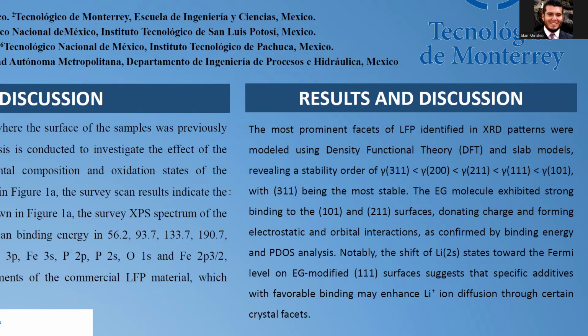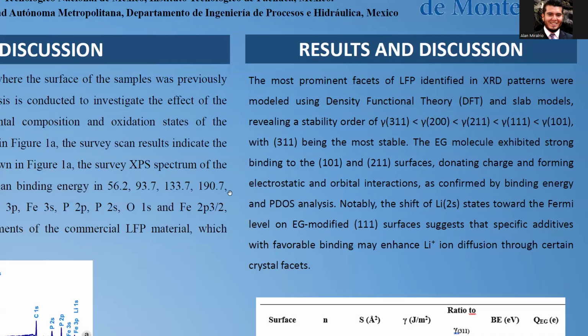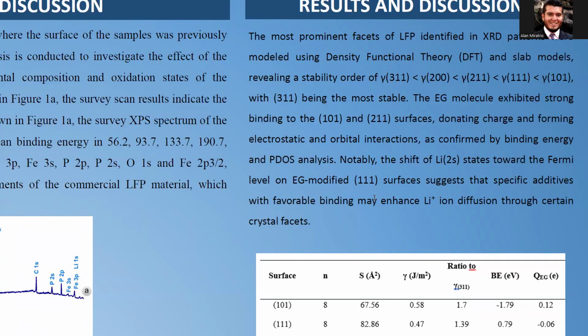As you can notice, the differences are important, and then we predict that the 111 facet is the most stable among the other ones. In comparison, the ethylene glycol molecule exhibited strong binding energy in the case of the 101 and the 211 surfaces.